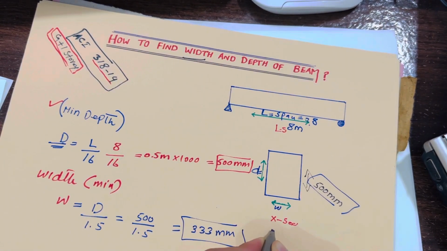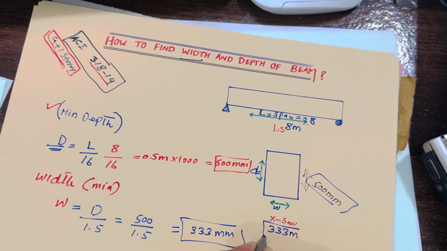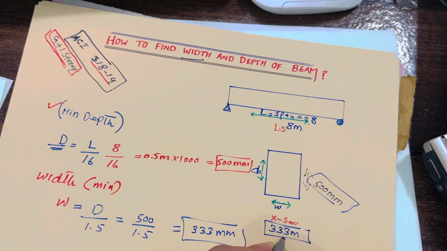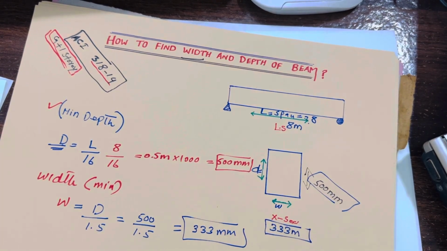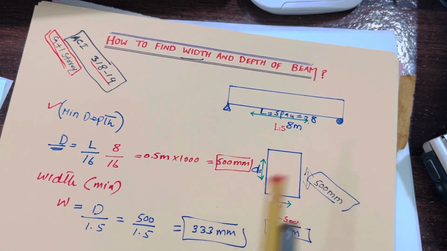So the width of the beam is now 333 millimeters. Say 340 millimeters width and 500 is the depth of the floor beam. If you want to build your house and you don't know, this is the formula to find the depth and width of the beam.